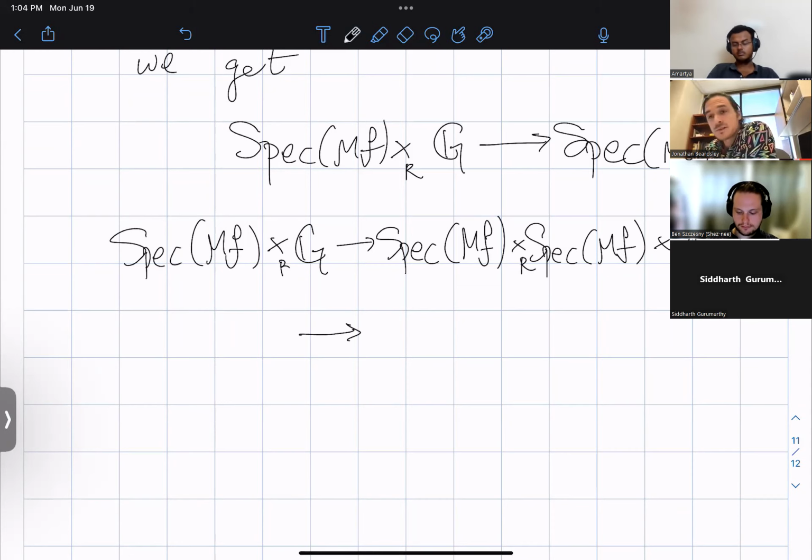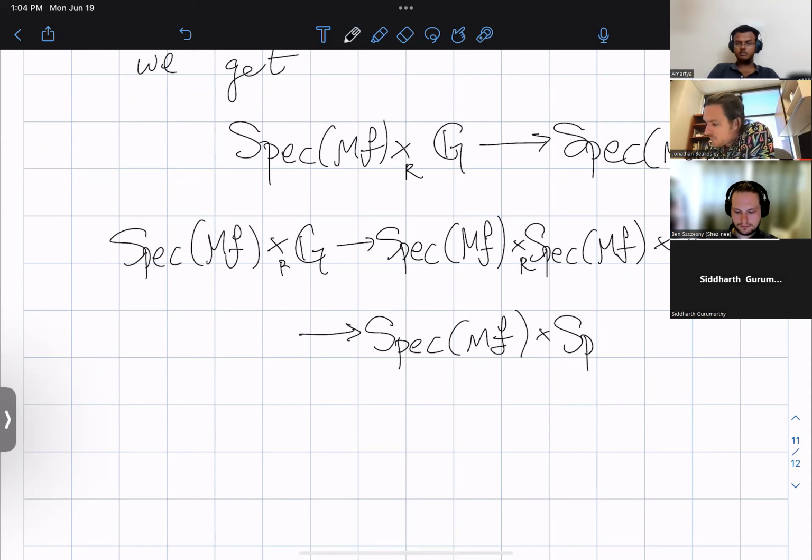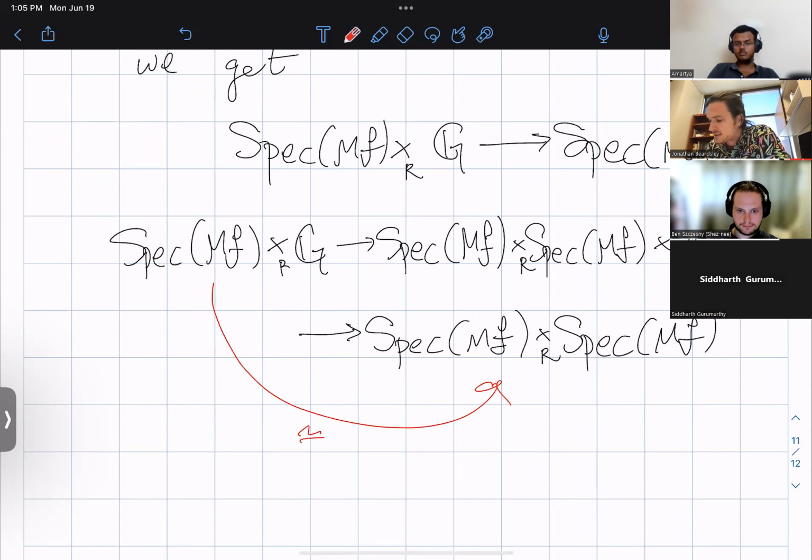And then you can use the G action on spec of MF. And again, that's an equivalence.